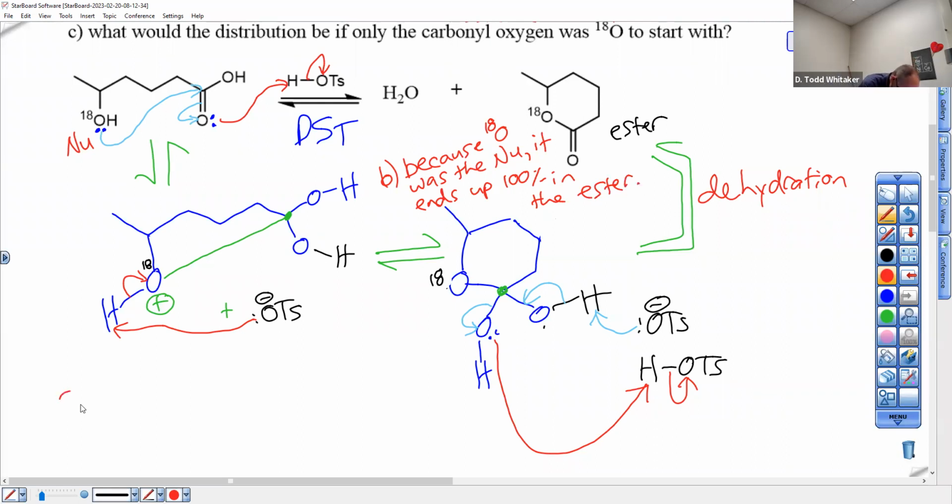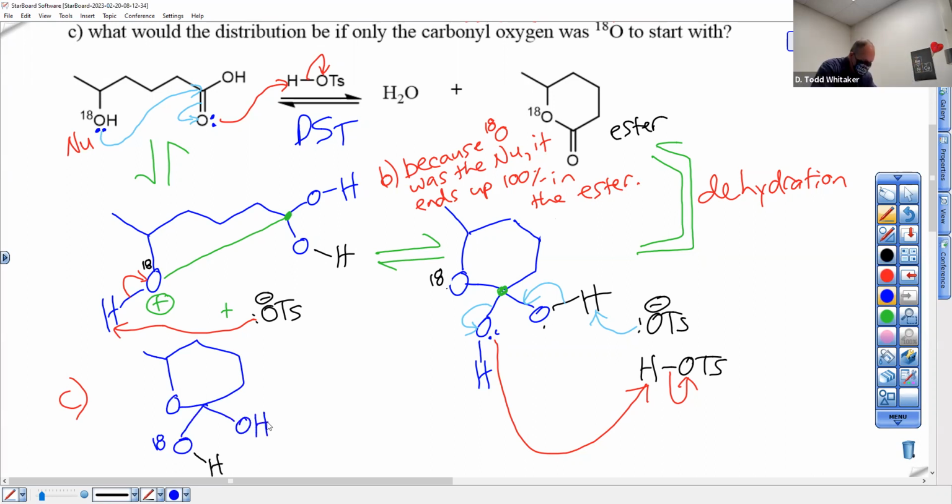Now for C, all I have to do is redraw O18, got a proton, and the other one was already there.